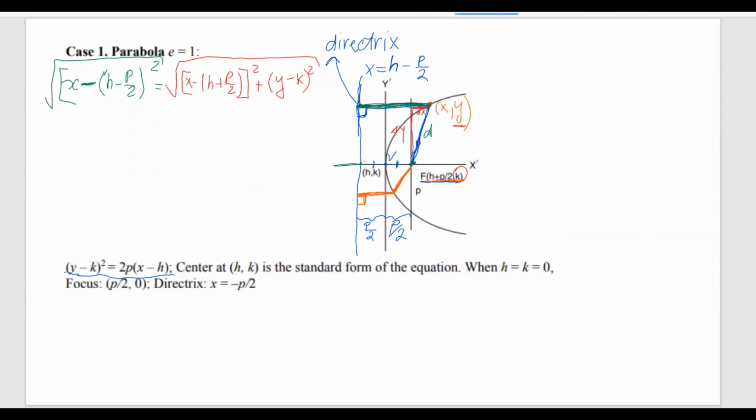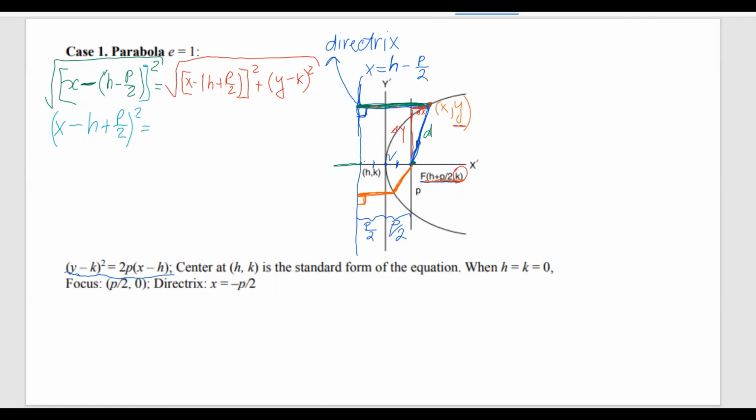So now let's get rid of the radicals and square both sides, as well as get rid of this parenthesis inside this square parenthesis. Here I'm missing the square. So let's go ahead and do that. I will square both sides. So we're going to get x minus h, and we have minus and minus, that's plus p over 2, squared.